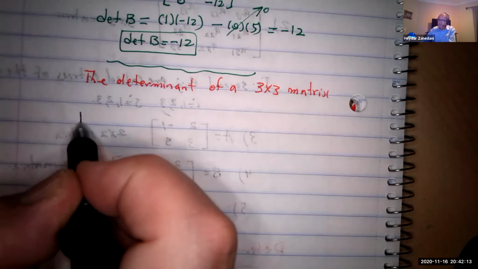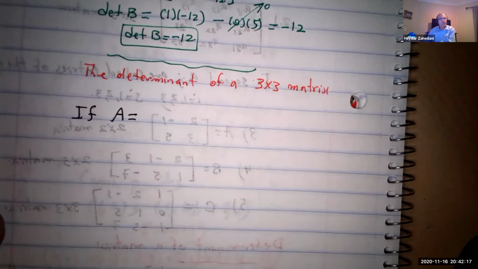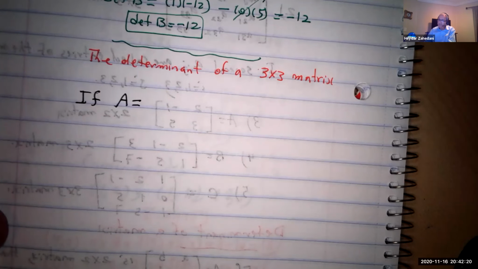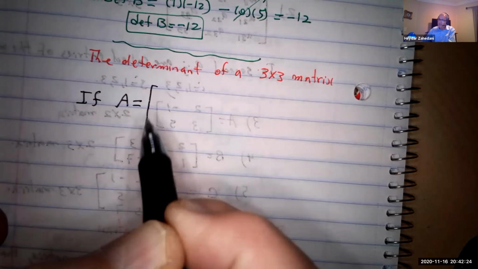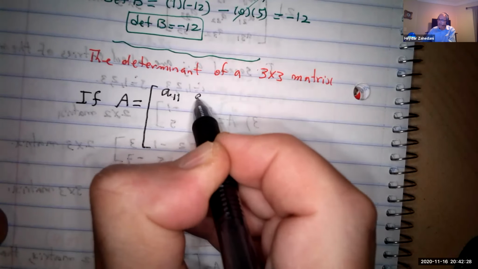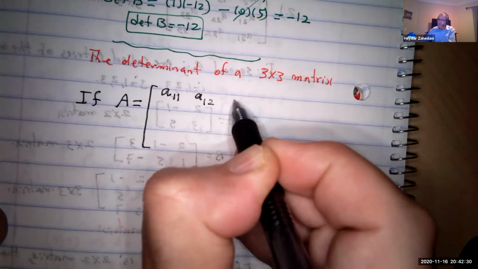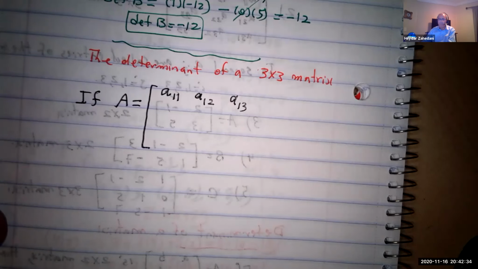So if this matrix is given to you, if A is equal to a 3 by 3, so this is the general formula: A11, A12, A13. That's the first row.